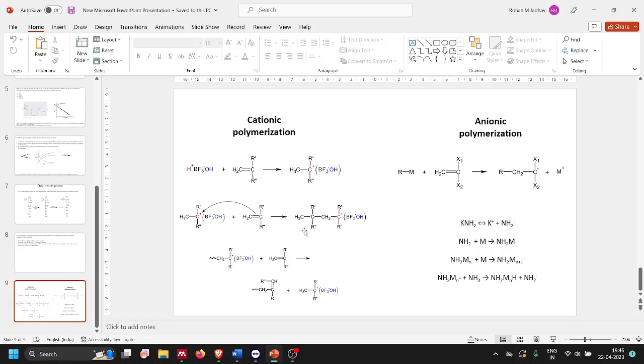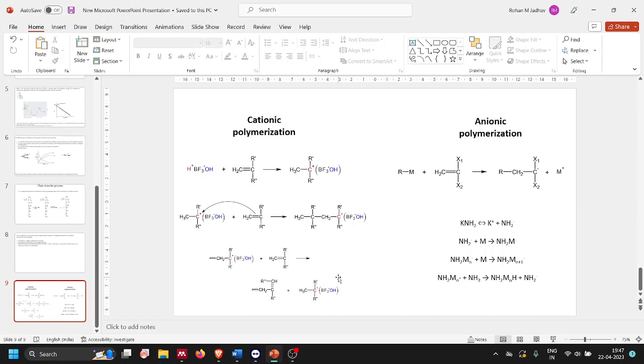So if you reduce the temperature, propagation will occur faster at low temperatures. That's why cationic polymerizations are often carried out at low temperatures, so that the propagation step is favored and high molecular weight polymers are generated. So that's why temperature has an important role in controlling the rate of the cationic polymerization process.